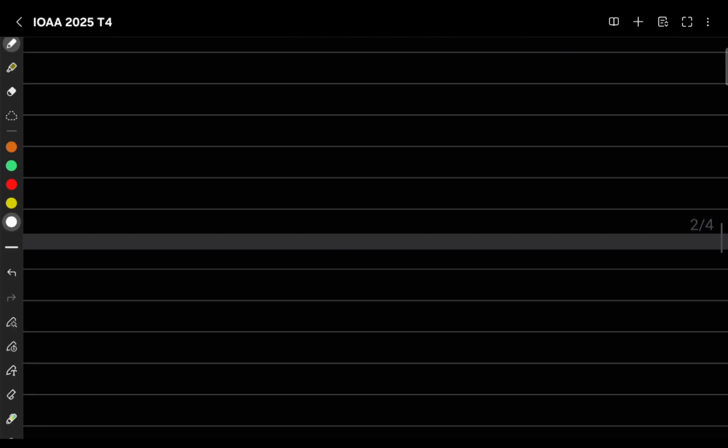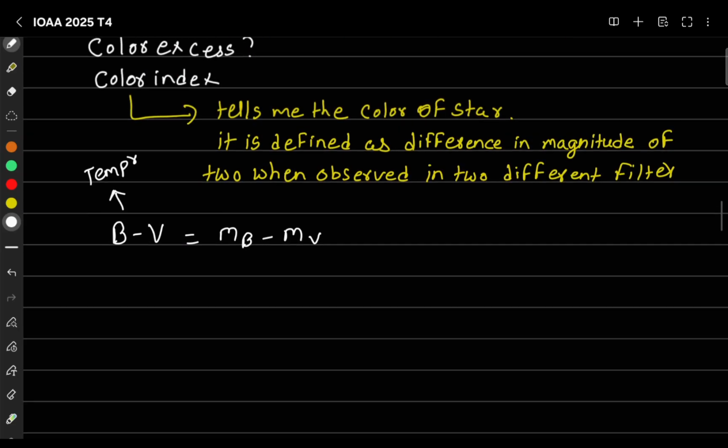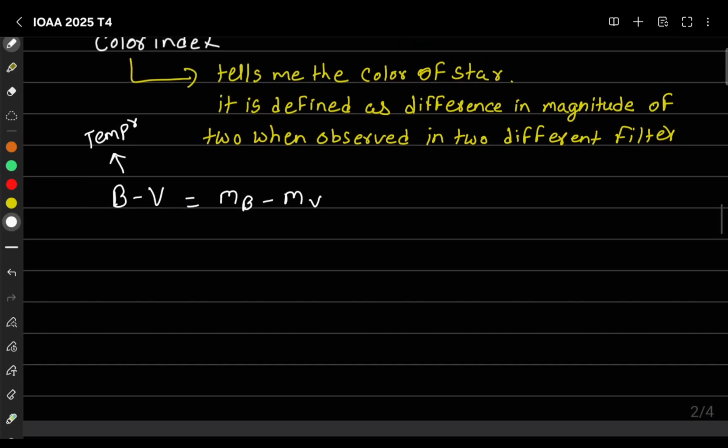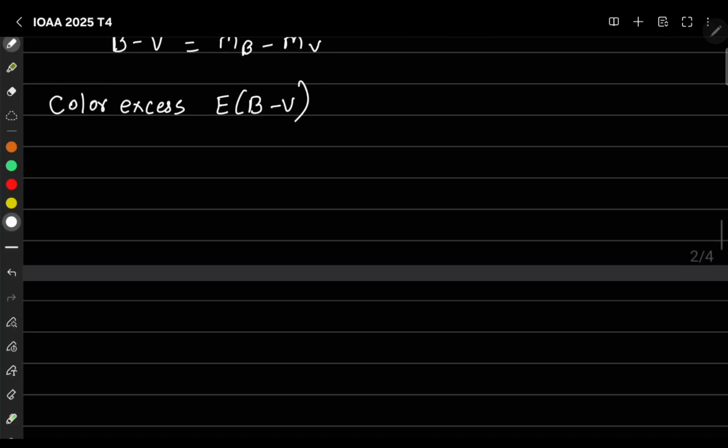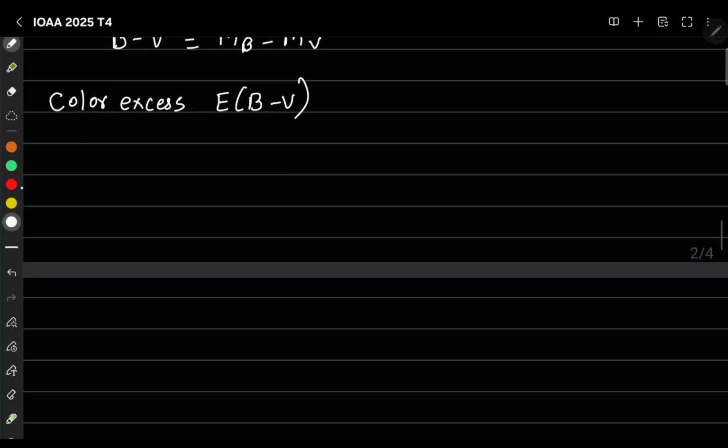Similarly, now color axis. It is denoted by E(B minus V), and it is defined as (B minus V) observed minus (B minus V) intrinsic.